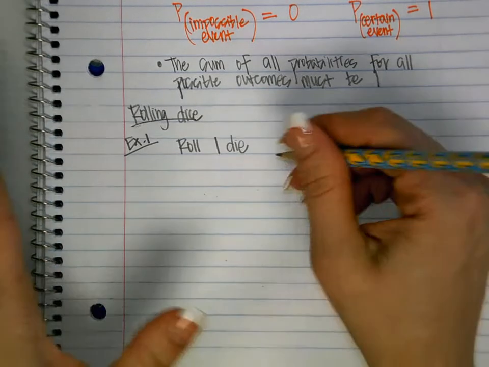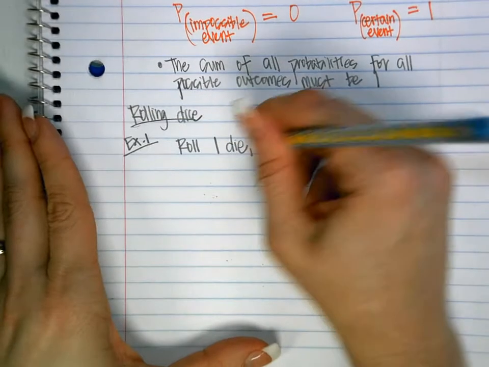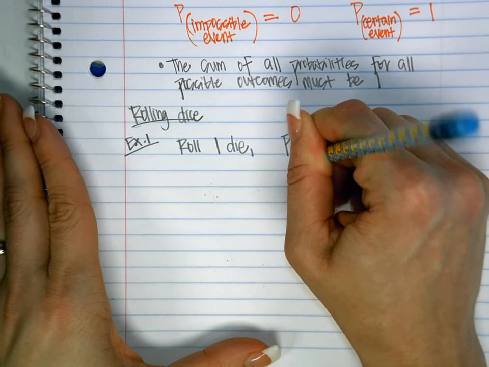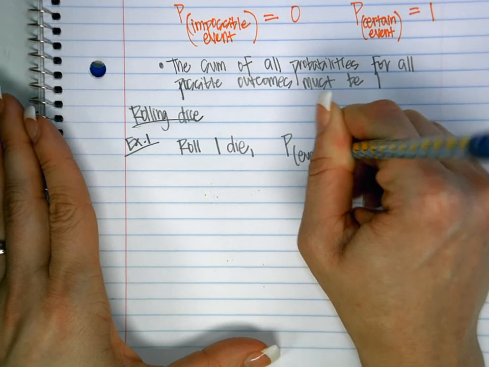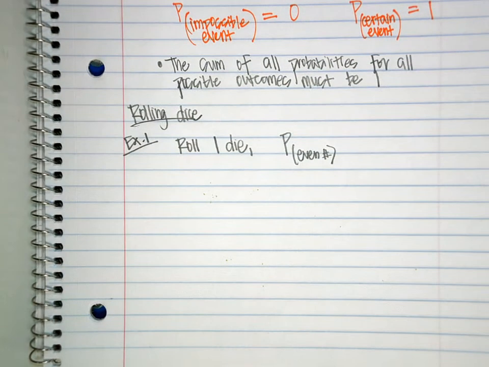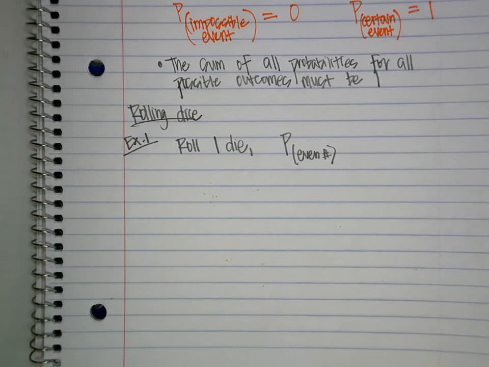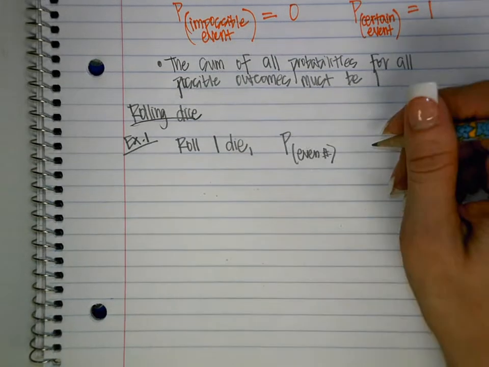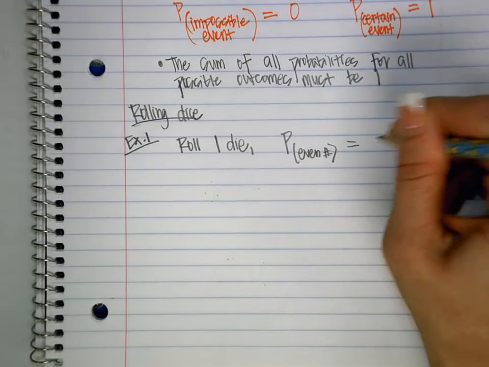If you roll 1 die, I want you to find the probability of rolling an even number. What are the possible outcomes? 1 through 6.